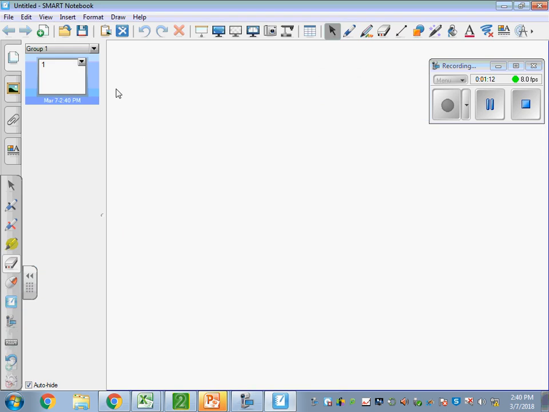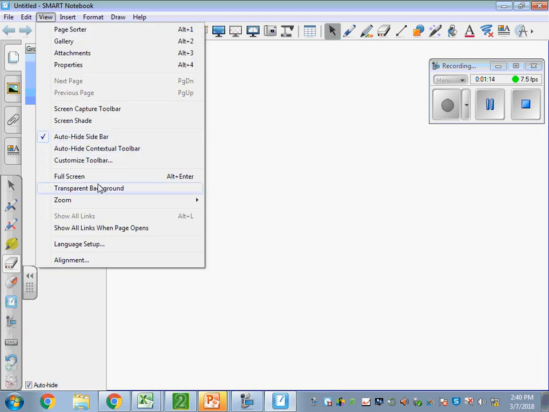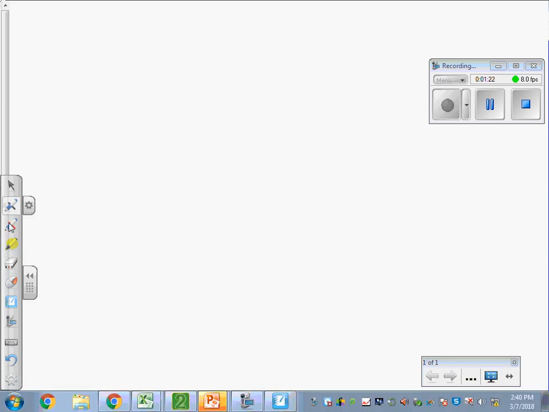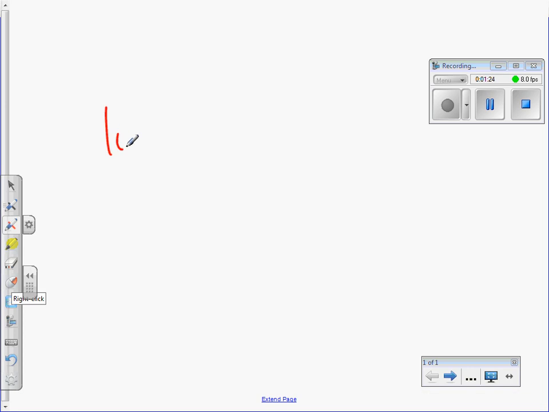Sorry for the delay. View, full screen. Okay, let's do it. So I'm going to rewrite this. Log base 6 of 18 plus log base 6 of 2. All right, so we want to write this as a single logarithm.